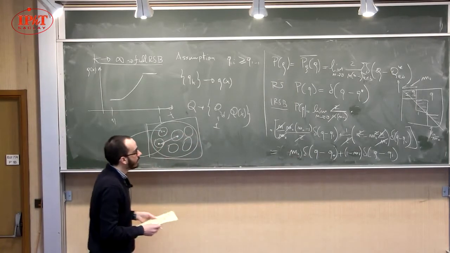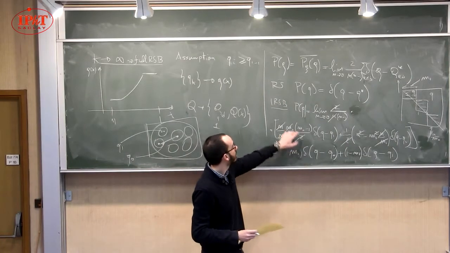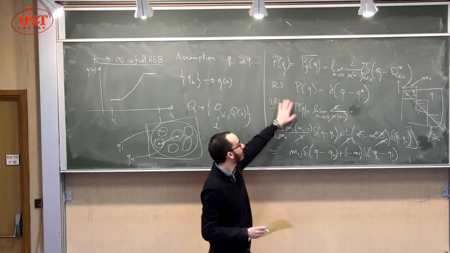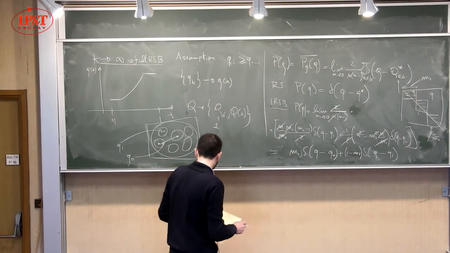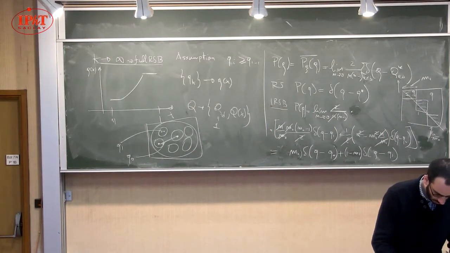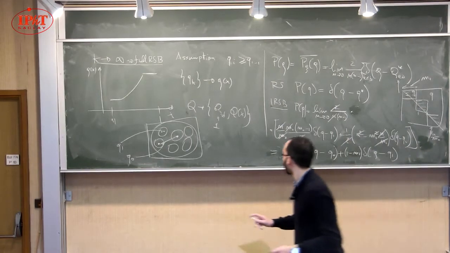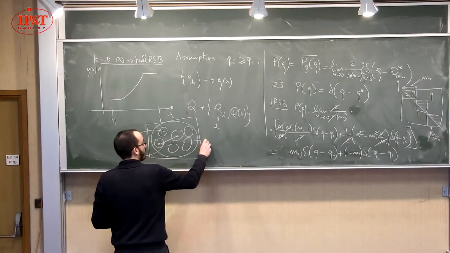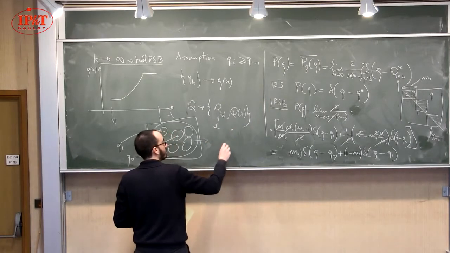And now what we can do is just to do the same thing in the case in which we consider a full RSB ansatz. And let me do it. It's not difficult. So just before going there, you can represent this with a tree.